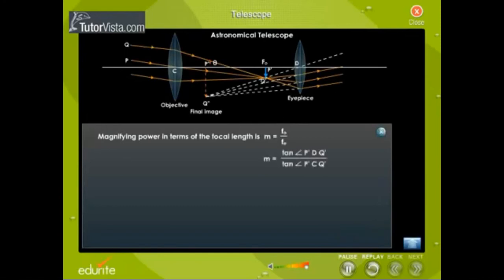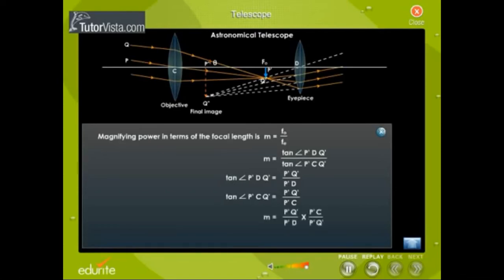Thus, magnifying power M is equal to tan of angle P'DQ' divided by tan of angle P'CQ'. From triangle P'Q'D, tan of angle P'DQ' is equal to P'Q' by P'D. And from triangle P'CQ', tan of angle P'CQ' is equal to P'Q' by P'C.